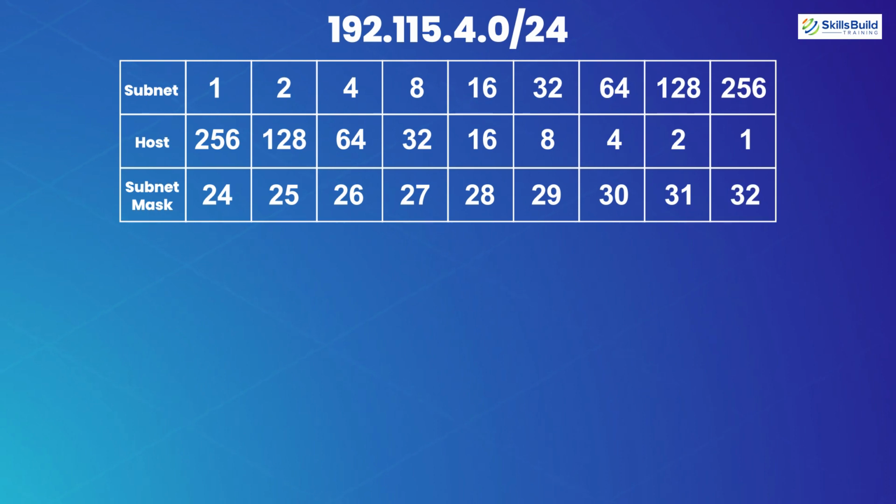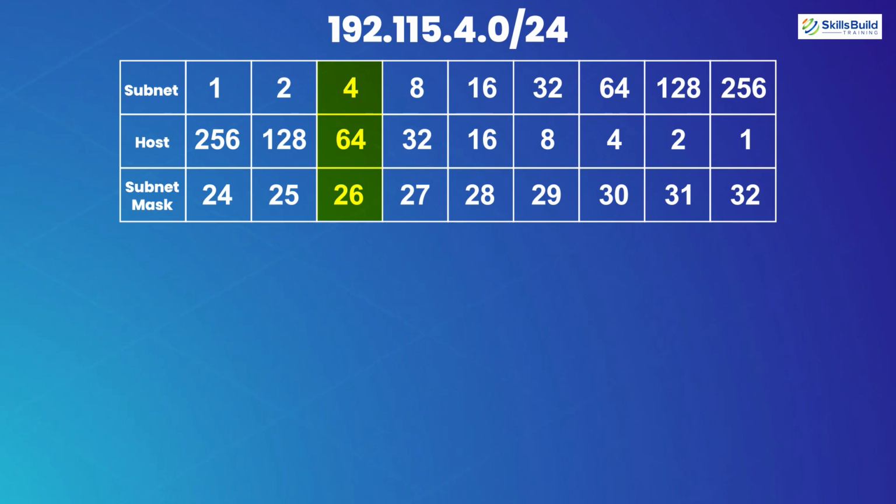So as we are asked to make 3 subnets, let's see where we could make 3 subnets from our table. We do not have 3 subnets exactly here, but we do have the option to go with 4. So it is suitable for our problem as we can get 3 subnets from it. So we will take this and ignore the rest of the table.